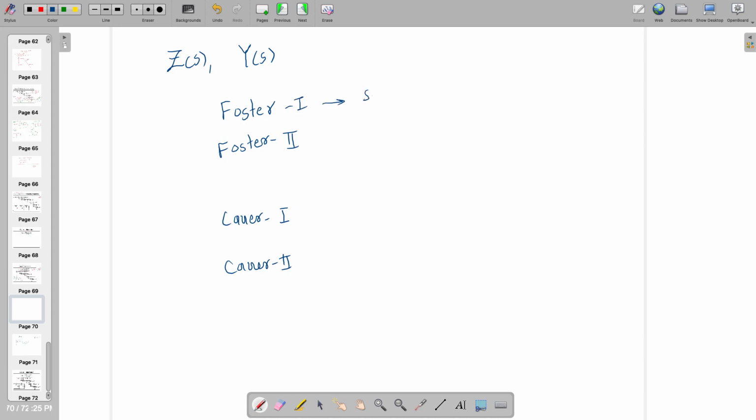Foster 1 is series and it's going to synthesize Z of S. Foster 2 is admittance and it's going to synthesize the parallel circuit. Similarly, in Cauer 1 and Cauer 2 the first element will be L and second will be C. Here C and second will be L.